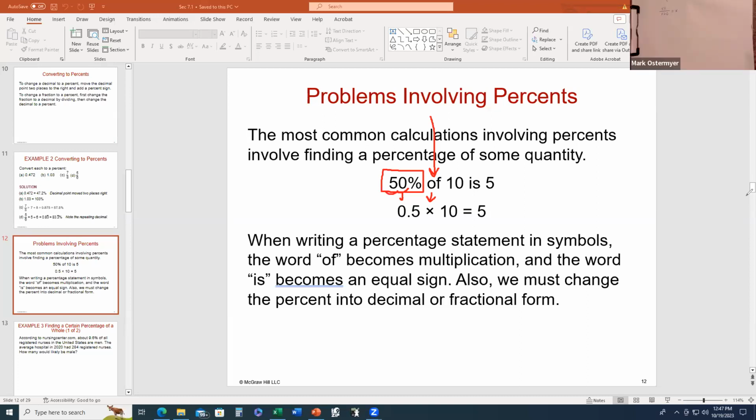If you consumed 25% of a pizza, what fraction of one whole pizza did you consume? 1/4. If you consume 75% of a pizza, you've consumed 3/4 of the pizza. Making sense here? Okay. So 50% of something is half of that something. There's no surprise then that we get 5 when we take 50% of 10, because half of 10 is 5.